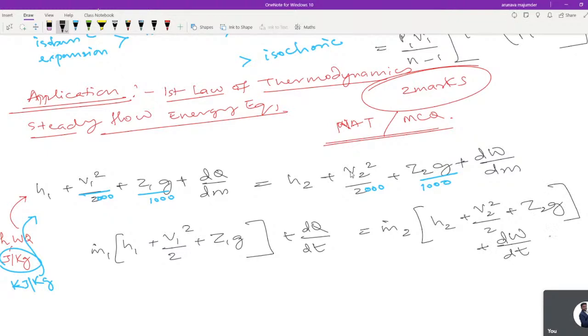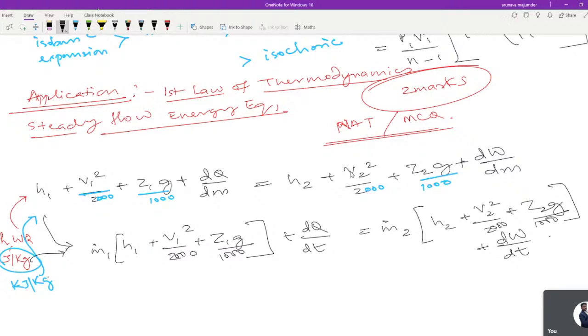So you might need to implement this formula. This is again when you are implementing joule per kg. If the given values are in kilojoule per kg, just like this, you have to make the necessary changes according to the given one, right?